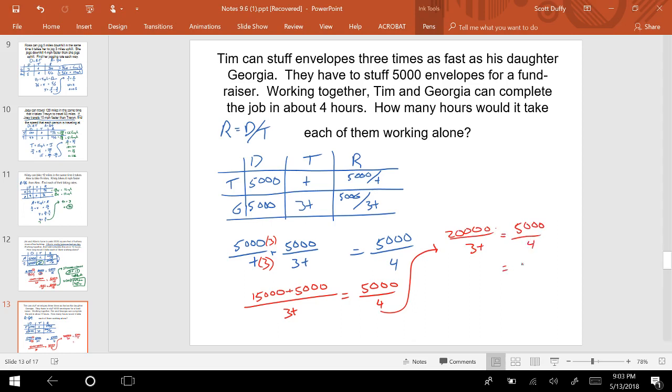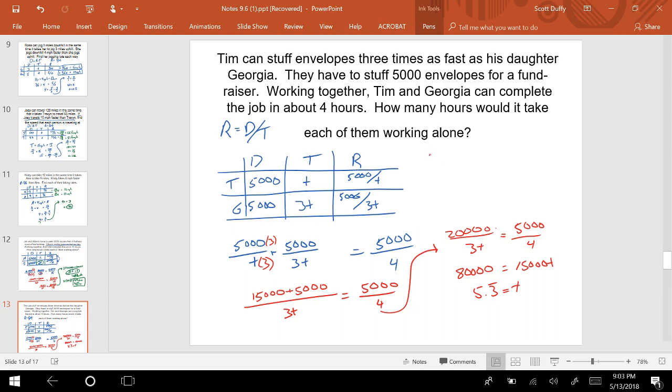Cross multiply. You get 80,000 equals 15,000t. Divide by 15,000. You get a time of 5.3. And that would be for just Tim.